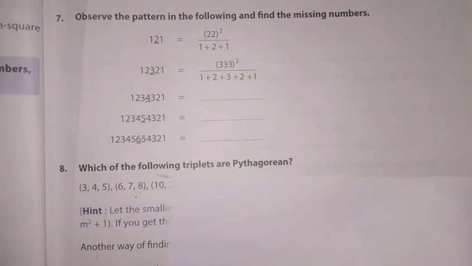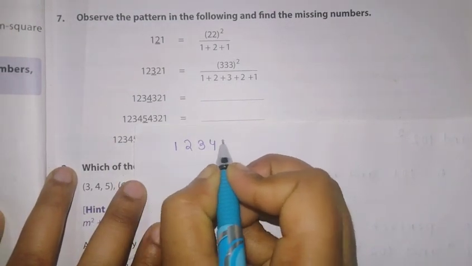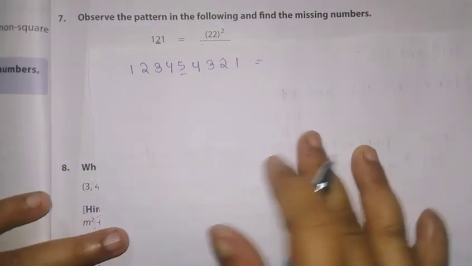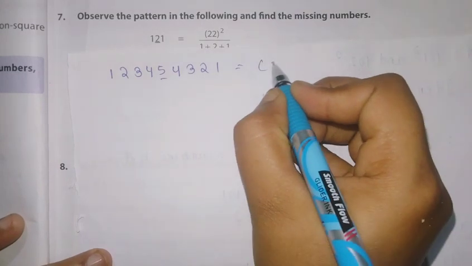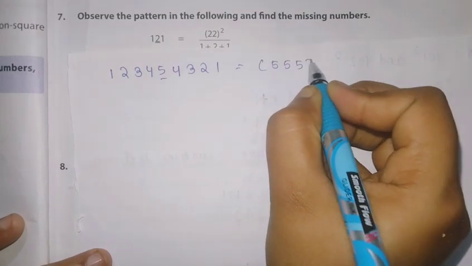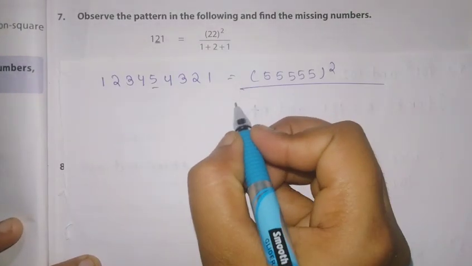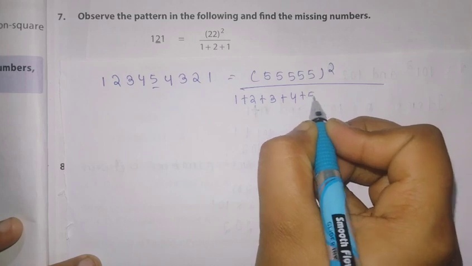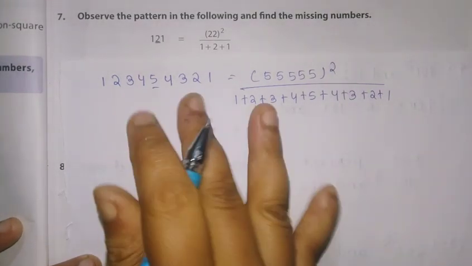Then 1, 2, 3, 4, 5, 4, 3, 2, 1 equals 5, 5, 5, 5, 5 square divided by 1 plus 2 plus 3 plus 4 plus 5 plus 4 plus 3 plus 2 plus 1.